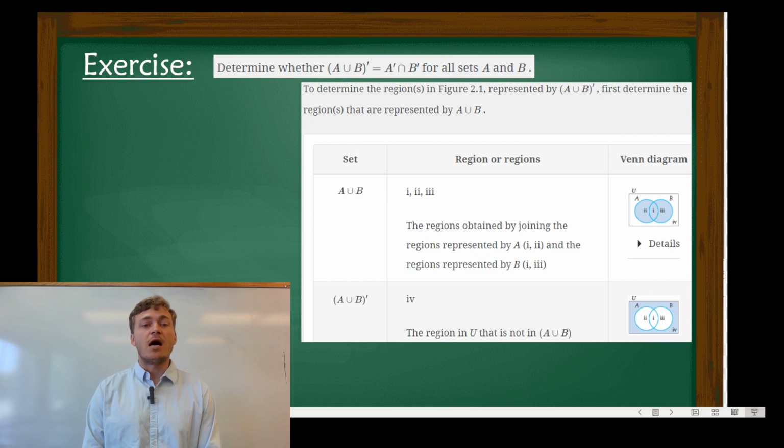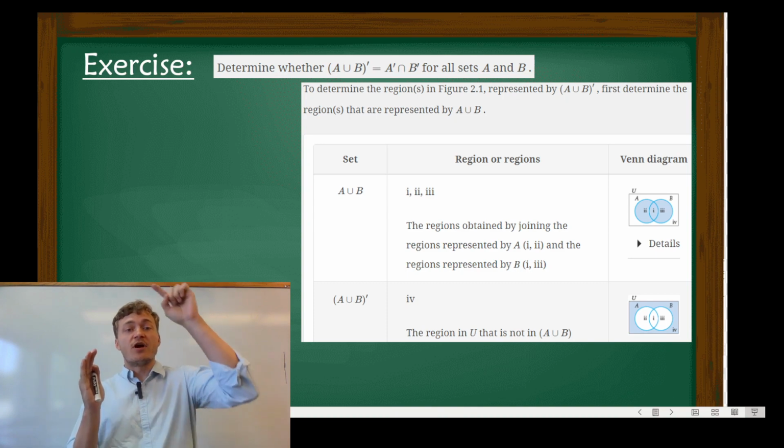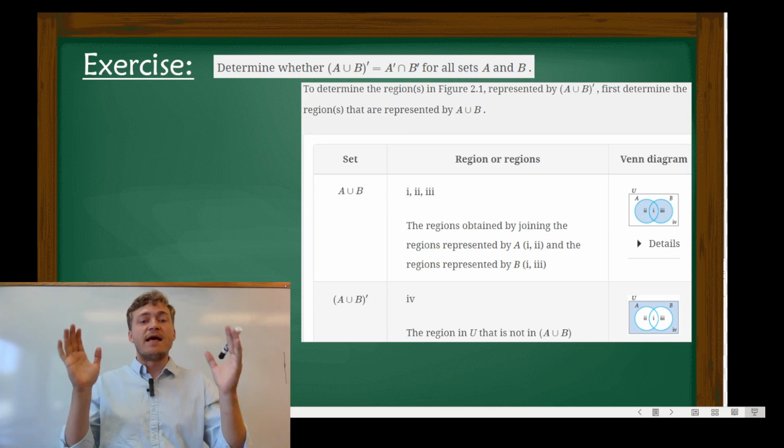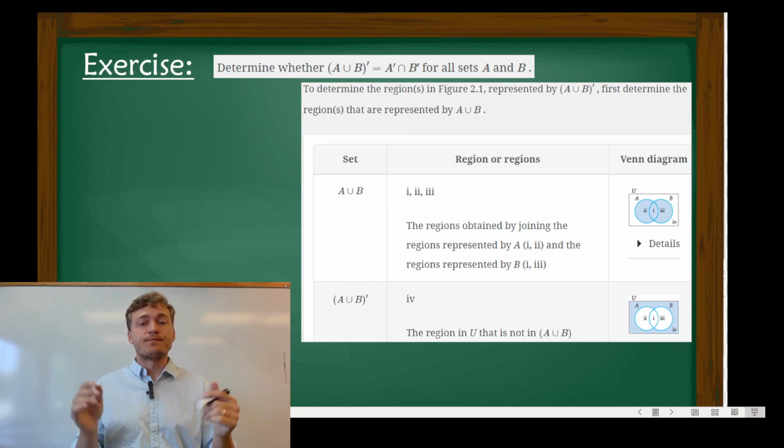If we consider the complement of A union B, that is the A union B in parentheses, the complement of that is everything within the universal set that's outside of the circles. So here in this case, region 4 represents the left side expression (A union B) complement.